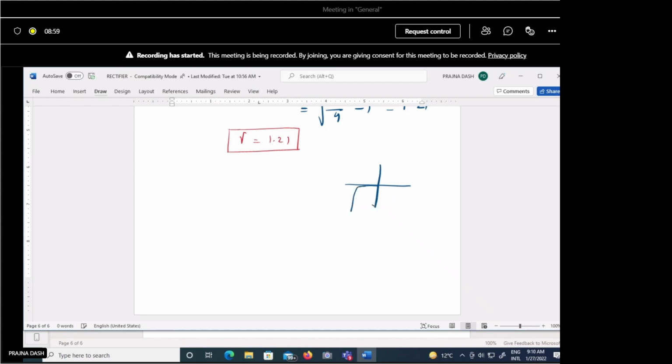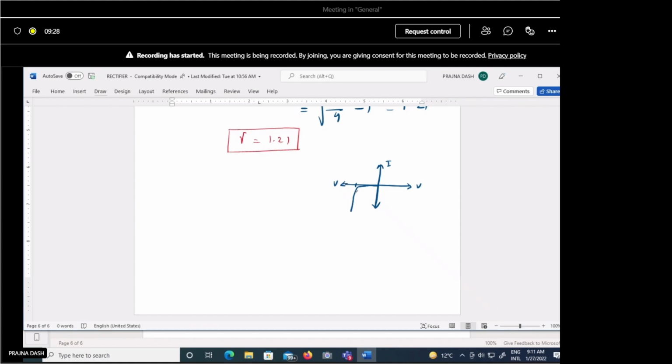If this is the current axis and this is the voltage axis, the voltage remains almost constant but the current increases very rapidly. A normal PN junction diode cannot withstand that amount of current.